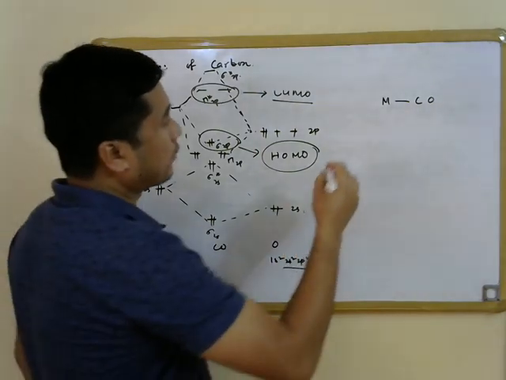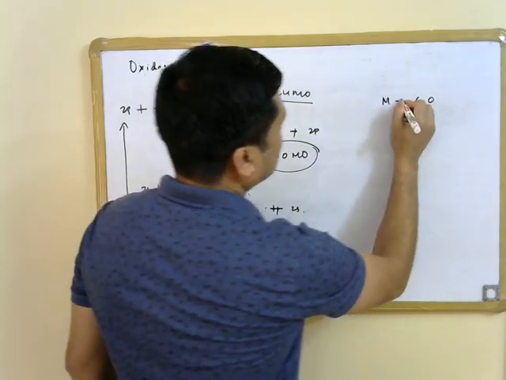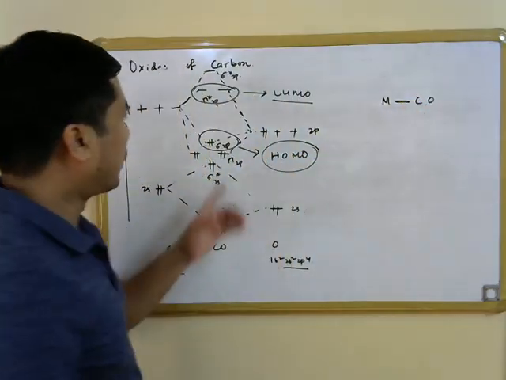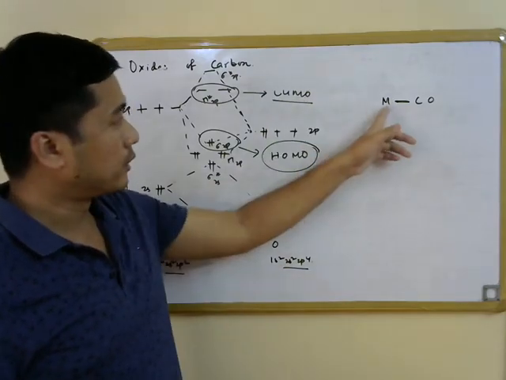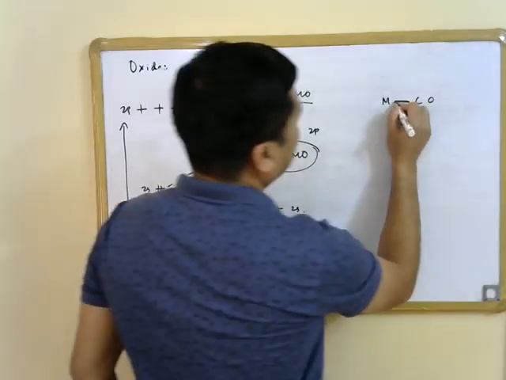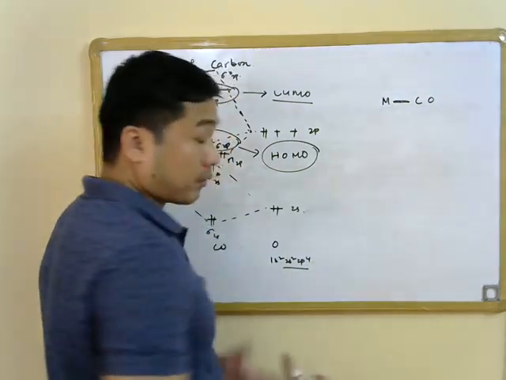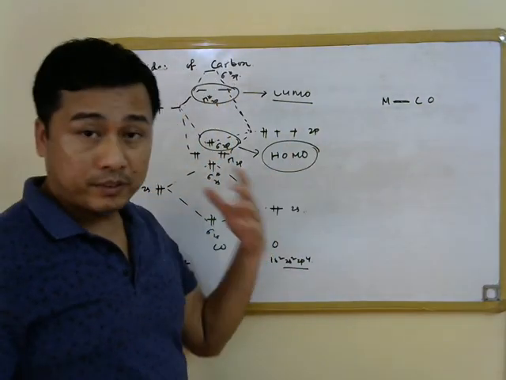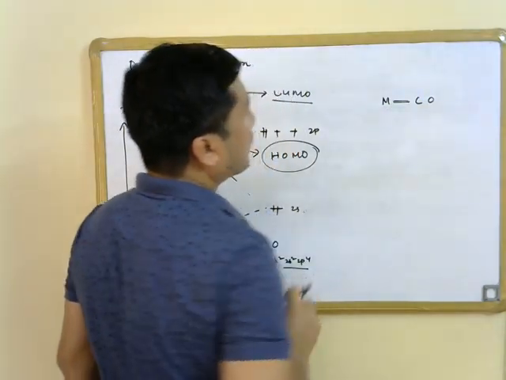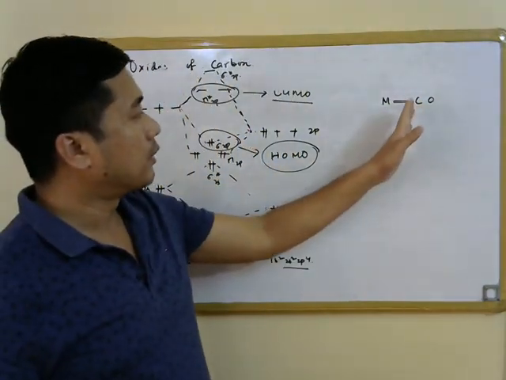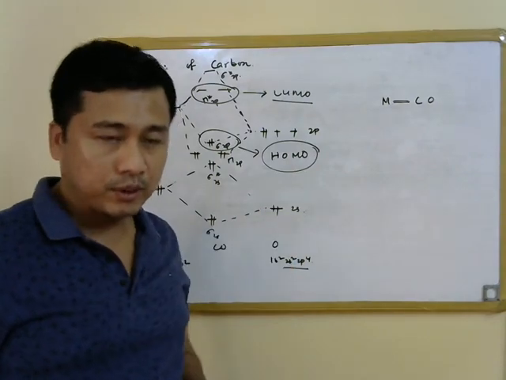We call this a sigma linkage, because it is formed by a sigma type molecular orbital and with a sigma molecular orbital or atomic orbital of the right symmetry of the metal. So this is how the carbon monoxide to metal sigma bond is formed.